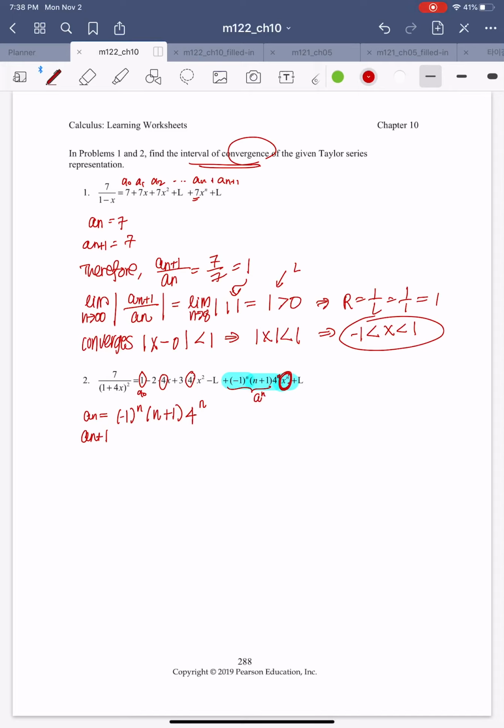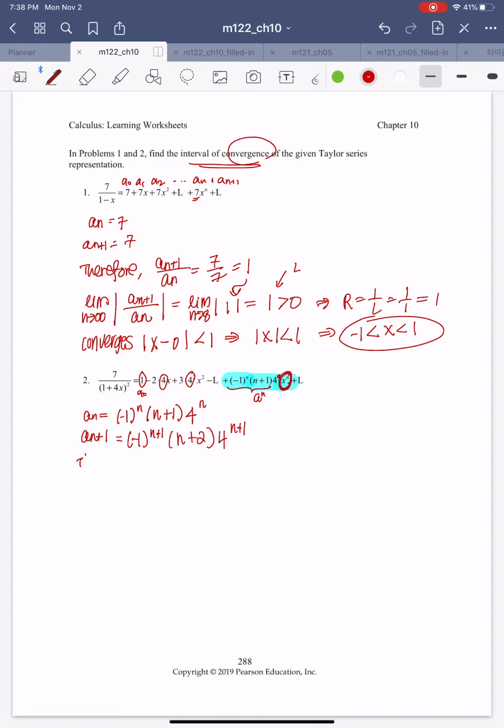If I add one more term, then you're going to have -1 raised to the n plus 1, and then n plus 2, since 1 plus 1 is 2, and then 4 raised to the n plus 1. Add 1 more to each term.